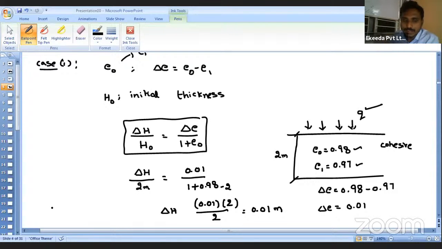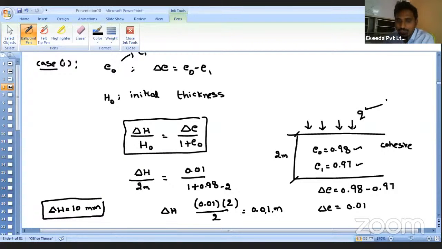If I want to convert this into mm, multiply by 1000. That means 10 mm is the settlement happening in the soil because of the applied pressure Q. So this is a simple direct question if we know the change in void ratio.